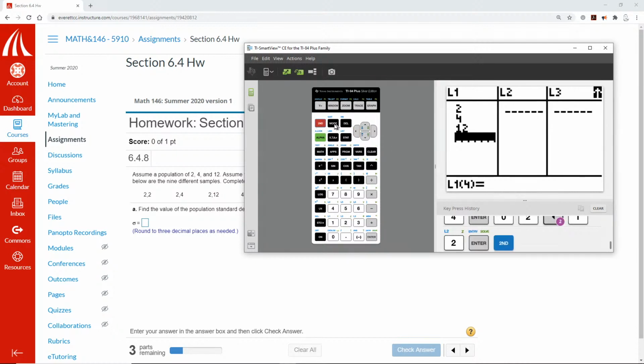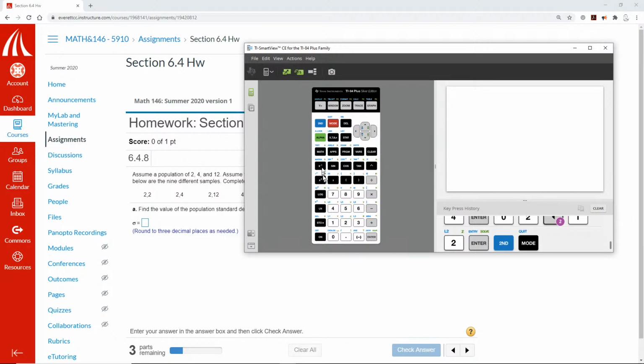Now, I do have to alert you on something. There are 2 different types of deviation: there's the sample deviation and then there's the population deviation.